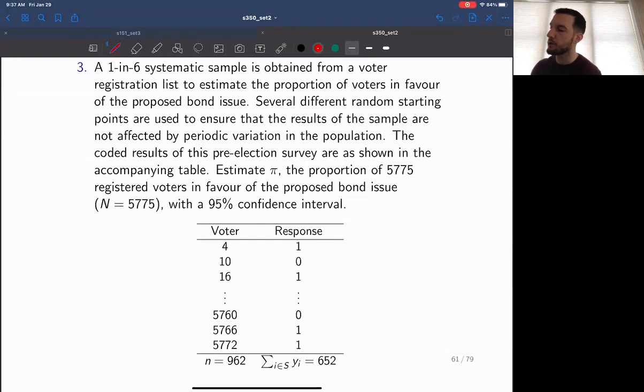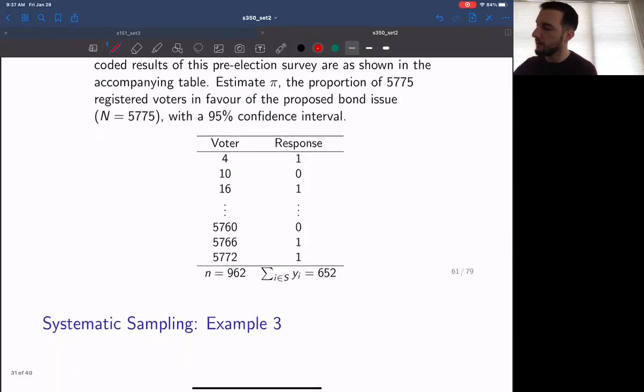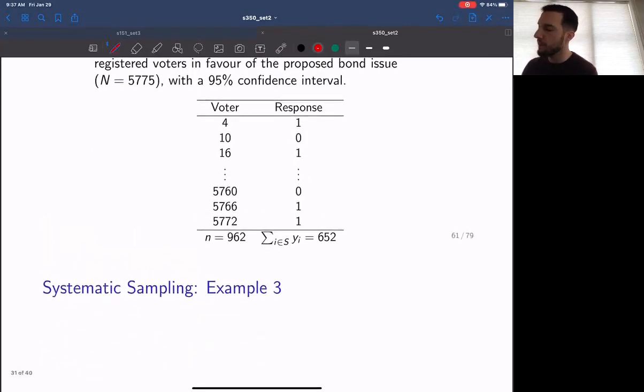Estimate pi, the proportion of the 5,775 registered voters in favor of the proposed bond issue with a 95% confidence interval. So basically our goal here is to estimate the proportion of people that are in favor of the bond issue. Okay. So we have a sample size of 962, and we have a count of the number of people that are in favor of the issue, which would be 652.